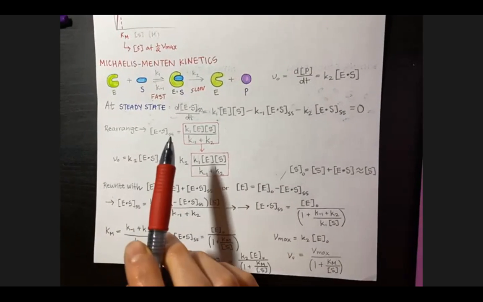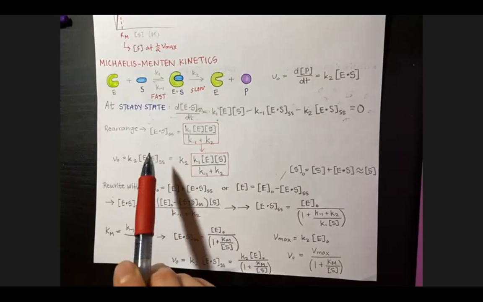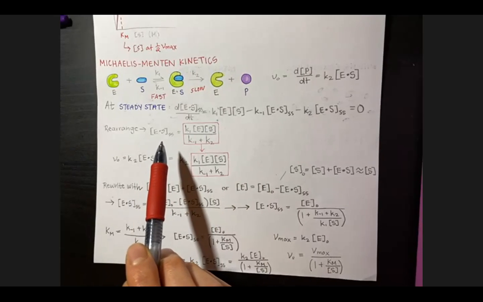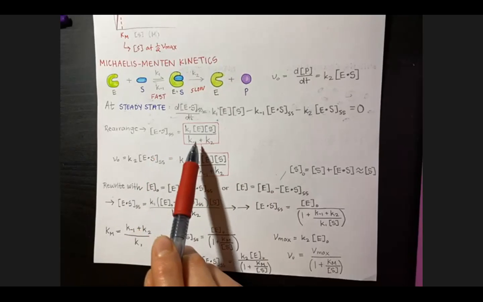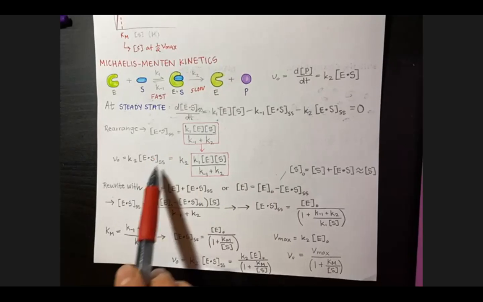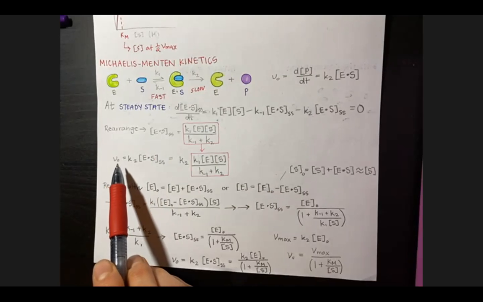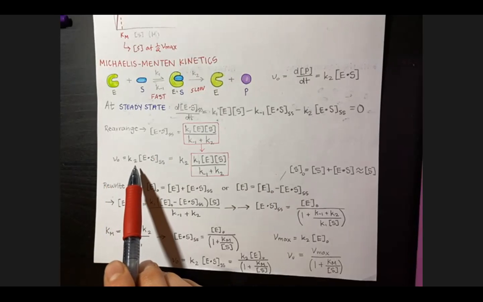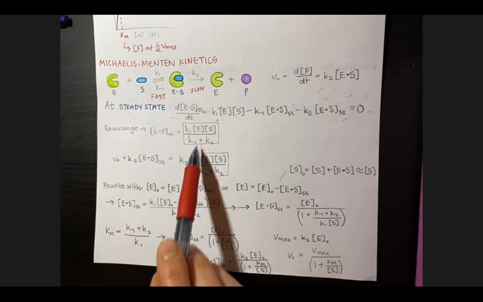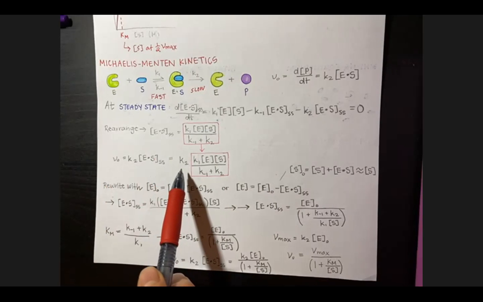So if we rearrange this equation here, we can get an expression for this here. And if we take our equation for the initial velocity again, then we can multiply this term by this rate constant.